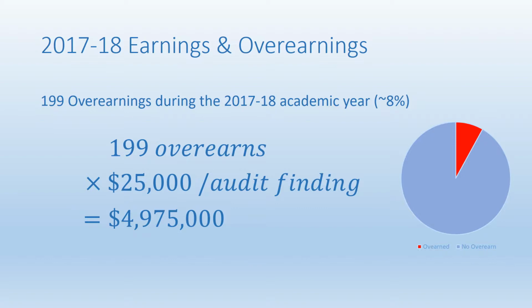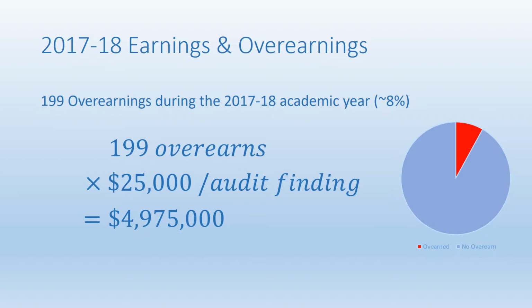As you might imagine, our work study program is not capable of absorbing that loss, so the program is only about $5 million to start with. So we are very, very interested, and we need to keep our over-earnings down, which is why we rely heavily on you as supervisors to help us in this.